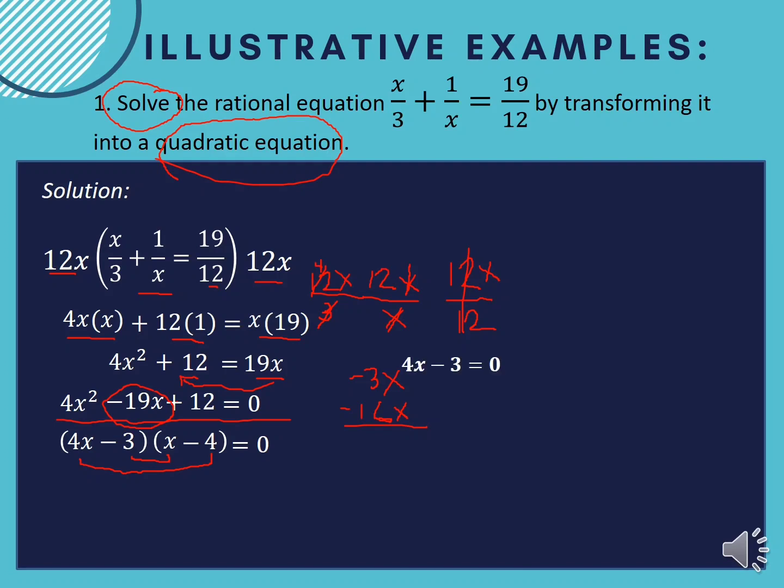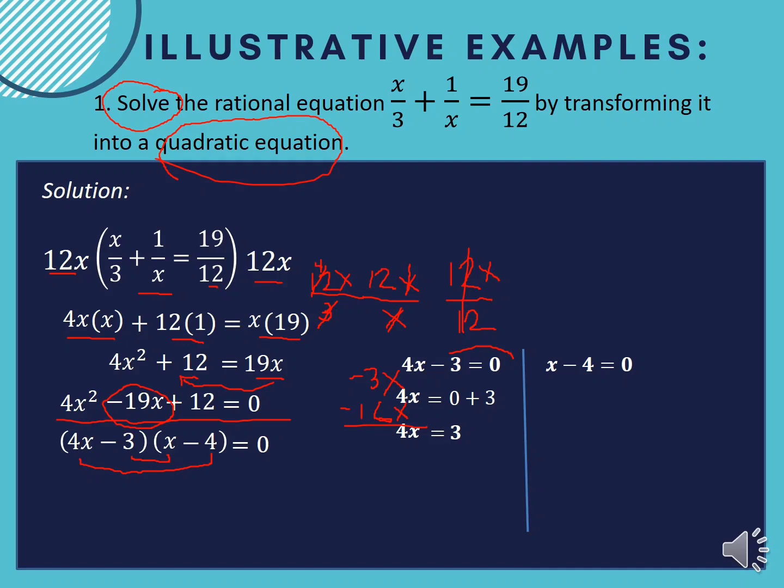Now, we can solve for the value of x by solving each linear equation. So, we have 4x minus 3 is equal to 0, and another one is x minus 4 is equal to 0. So, 4x minus 3, so 4x is equal to, i-transpose natin si negative 3 sa other side, so that will become 0 plus 3.